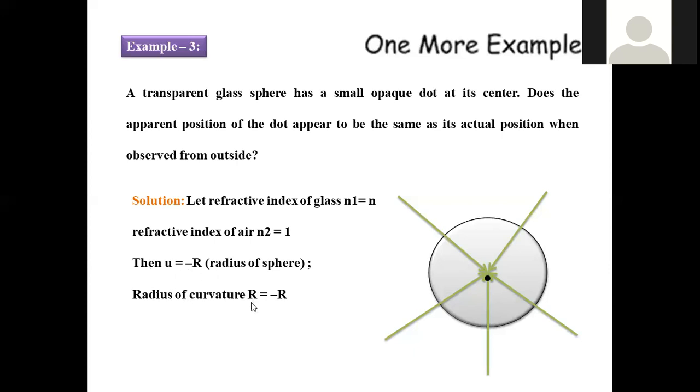Then the radius of curvature R is again minus r, because here the object distance is taken as r, and the radius of curvature is also r. So here again minus r will be taken. These are the known values: n1 is equal to n, n2 is equal to 1, u is equal to minus r, R is equal to minus r. All these values are known to us.